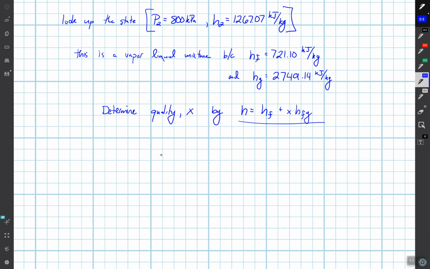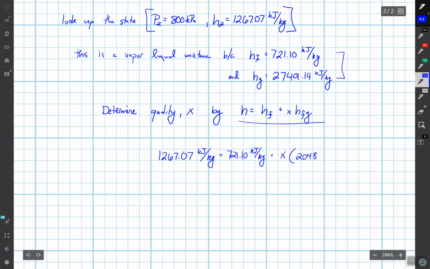Here, we can plug in numbers: 1267.07 kilojoules per kilogram will equal 721.10 kilojoules per kilogram, plus the quality times Hfg, which is the difference between those two values, 2048.04 kilojoules per kilogram. If we do the algebra there, we get a quality of 0.267.